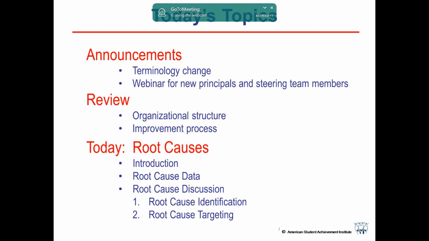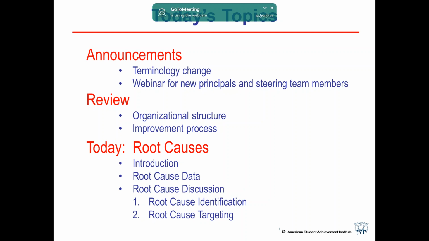So we'll do an introduction to root causes. We'll look at how we pulled together your root cause data. And then we'll walk you through how to conduct the discussions. In the discussion, there's actually two parts, and we want to give you a heads up right in the beginning that it is a two-part discussion.